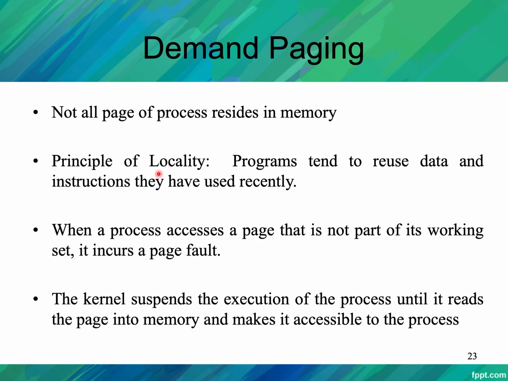For example, if I'm executing a program that has a loop with some 10 instructions, those 10 instructions will be executed again and again. Maybe the 10 instructions have some memory references, loaded in different memory locations. Since they are going to execute again and again, it will be beneficial if those 10 memory pages are loaded inside memory.